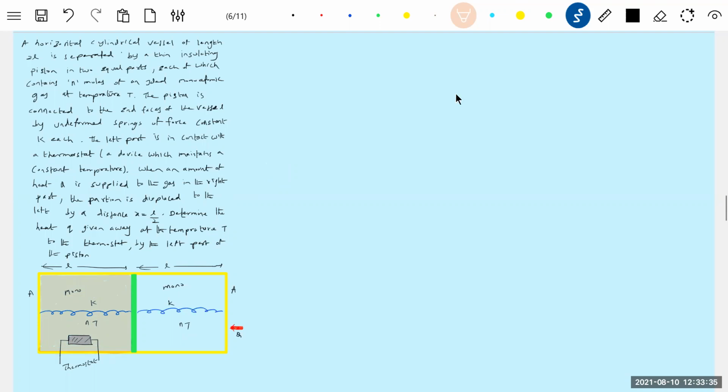Yeah, I'll finish this. Read the question, meanwhile I'll set the diagram. So this is a gas.